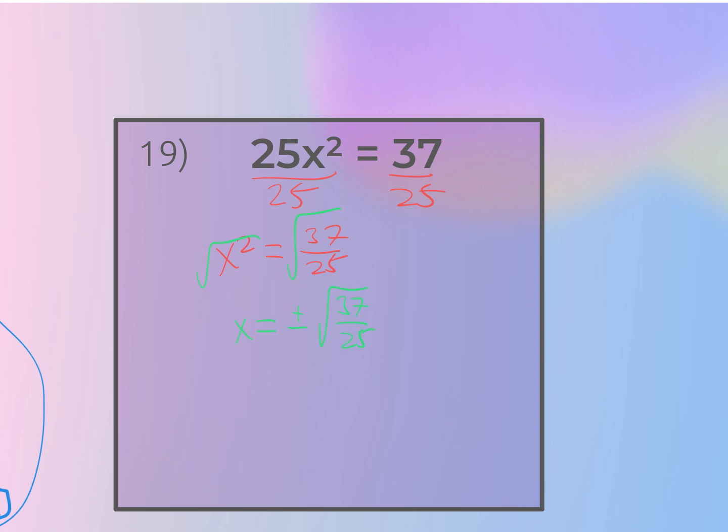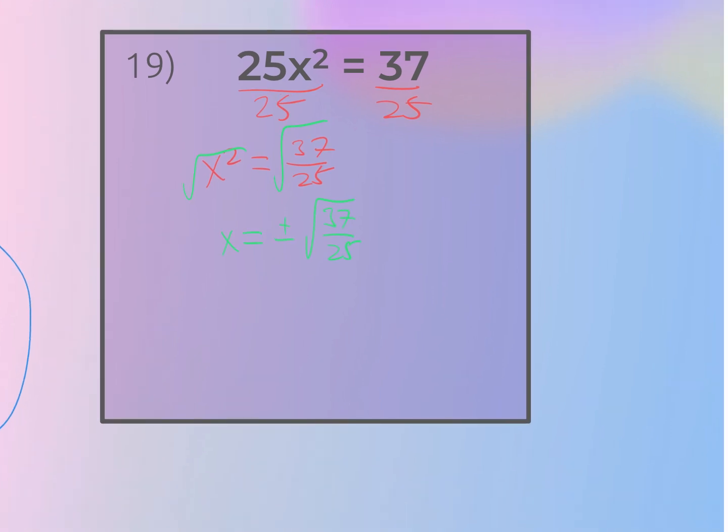All right, can we leave our answer like that? Absolutely not. We need to simplify this a bit more. I remember way back on that first test or quiz, this stumped a lot of you. To simplify something like square root of 37 over 25, you need to split up the fraction.